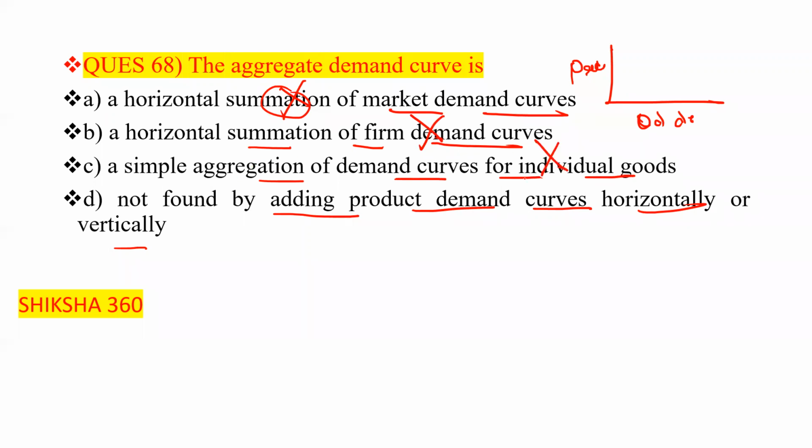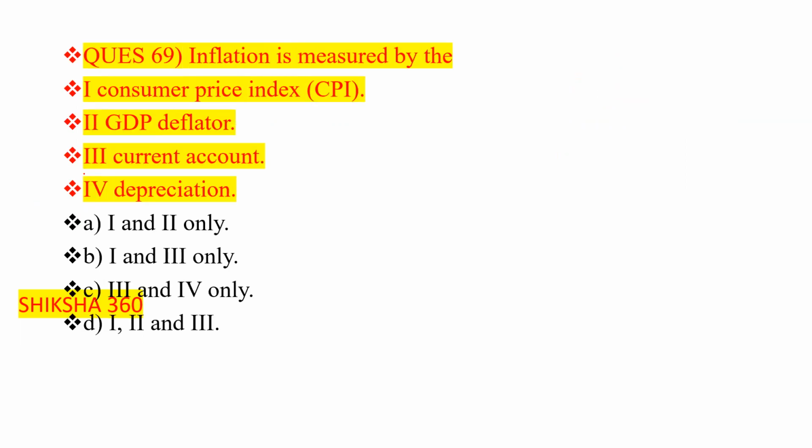So basically option D: not found by adding product demand curves horizontally or vertically. It is a simple relationship between the price and the quantity demanded. So option D. Now move to the next question.